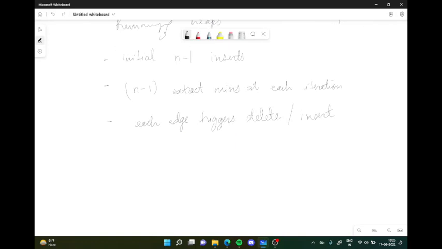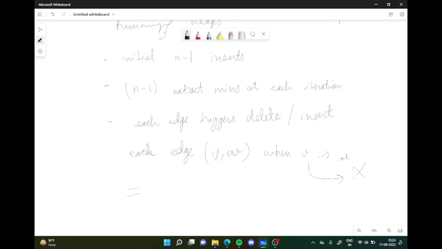So every edge VW, when V is sucked into X, goes through a delete then insert combo.